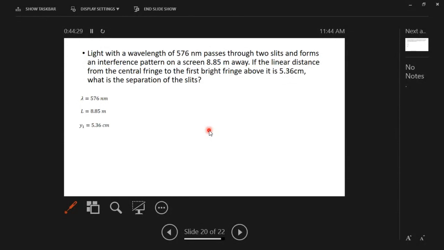If you remember the Ys that I listed in one of the slides, this is Y1, the location of the first bright fringe. So I have these. I want to find the distance between the slits, which is D. I'm going to give you 1 minute and see if you can put your answers for me in this Nearpod app.